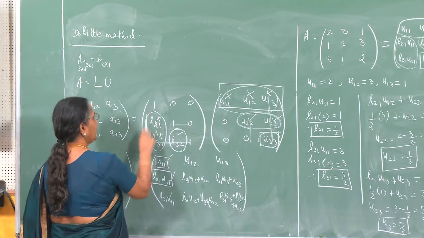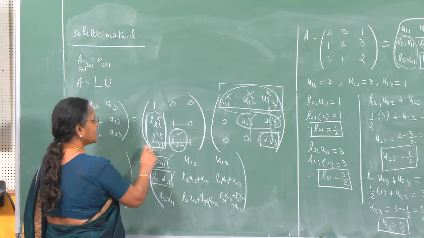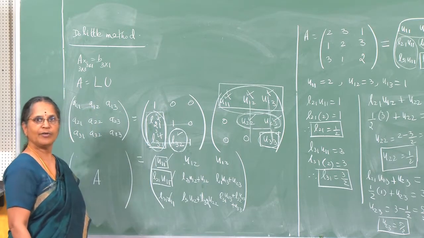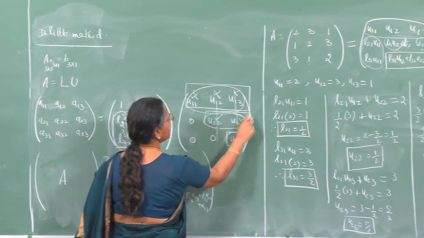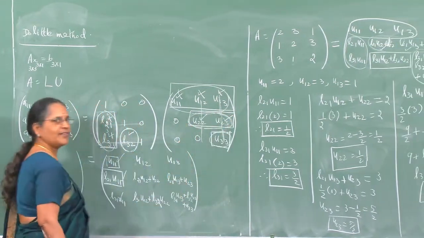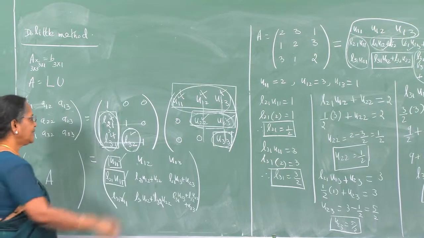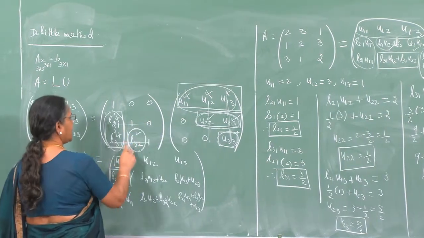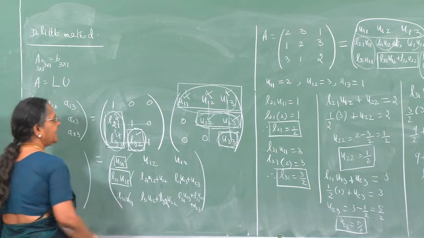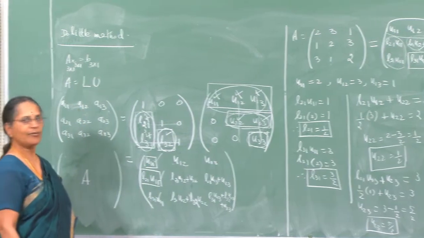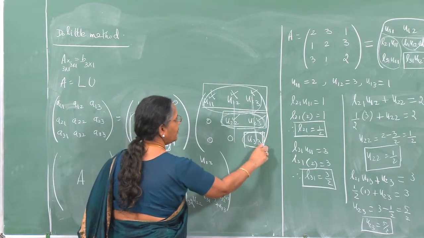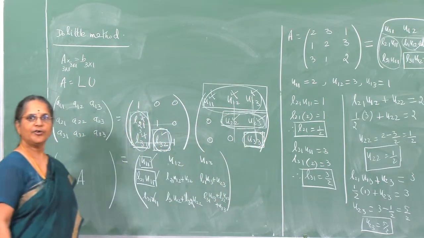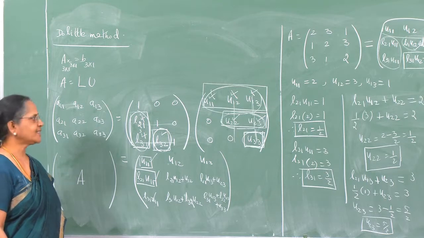Step 2, compute the unknowns in the first column of the lower triangular matrix. Then the entries which are unknowns in the second row of the upper triangular matrix. At the fourth step, compute the entry in the second column of the lower triangular matrix. Then finally, move over to computing the entry in the third row of the upper triangular matrix.